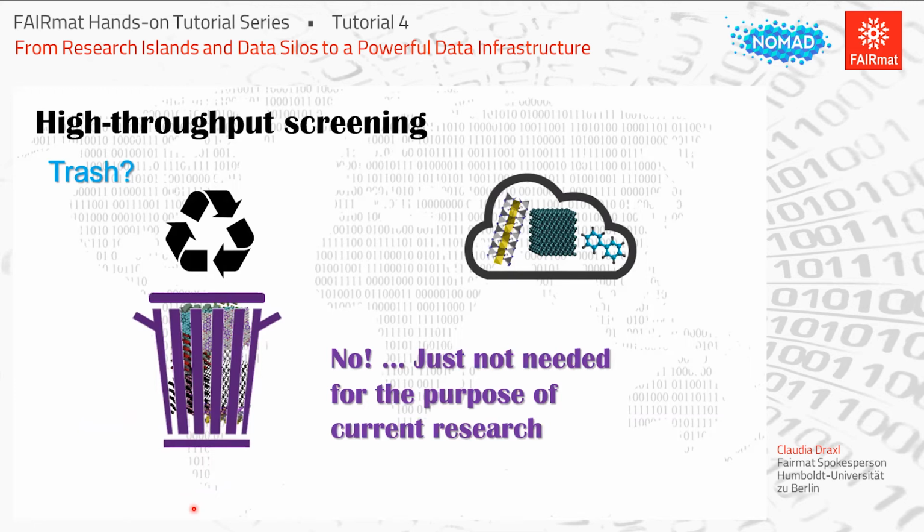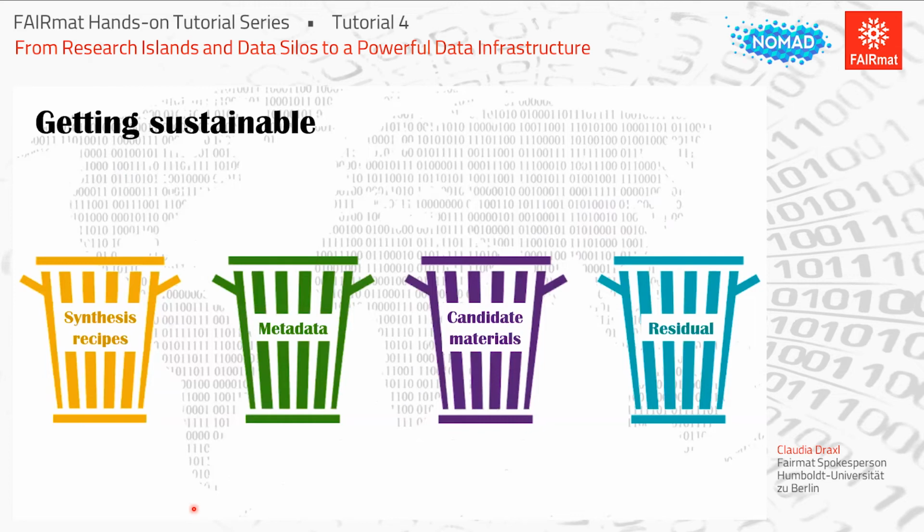So again, I'm advocating for recycling, and a data infrastructure helps us to store all this information, even if it's not relevant for the purpose-oriented research. In order to get sustainable, we would recycle everything that is not used in publication, but it's valuable information.